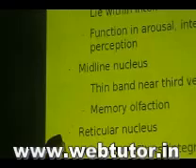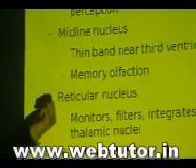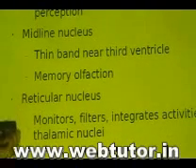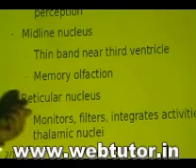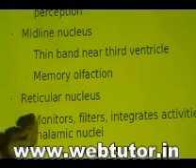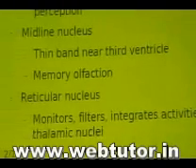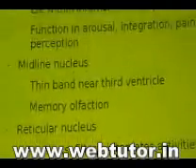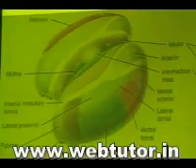And then there is your reticular nucleus. Okay, the main function of your reticular nucleus is to see whether all the other thalamic nuclei are working properly or not, right? So it monitors, filters, and integrates activity of other thalamic nuclei. 7 nuclei of the thalamus in short. Alright? Is this clear? This is one of the transverse sections of your thalamus.